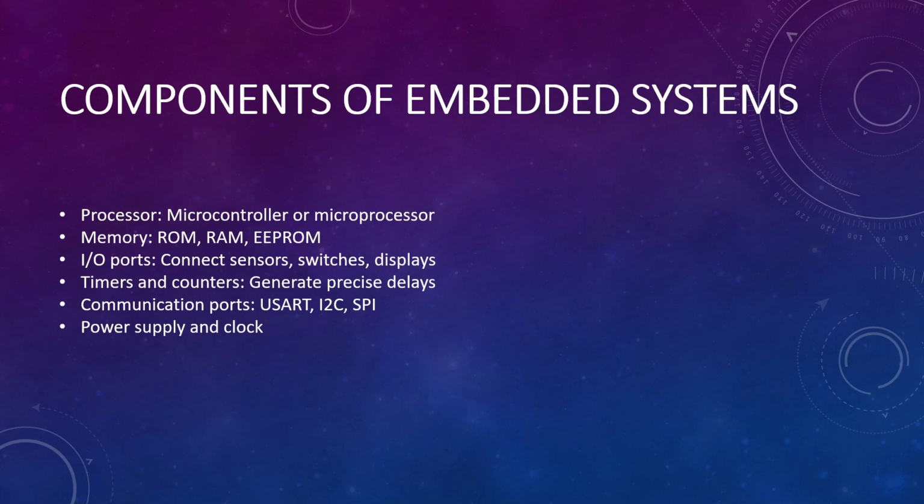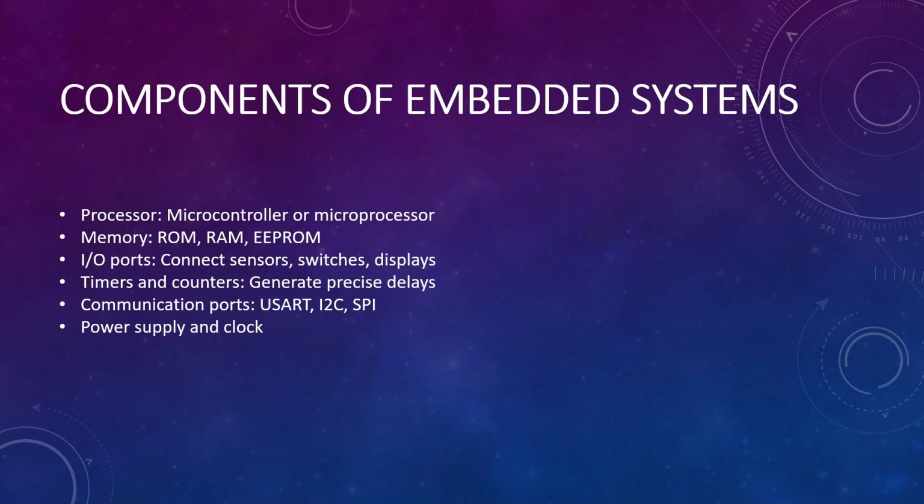Then there are memory options like ROM, RAM, EEPROM, SRAM, DRAM, etc. The next are IO ports, input output ports where we connect different peripherals such as sensors, actuators, switches, displays, buttons, etc. After that, timers and counters. It's also a main component of embedded systems.